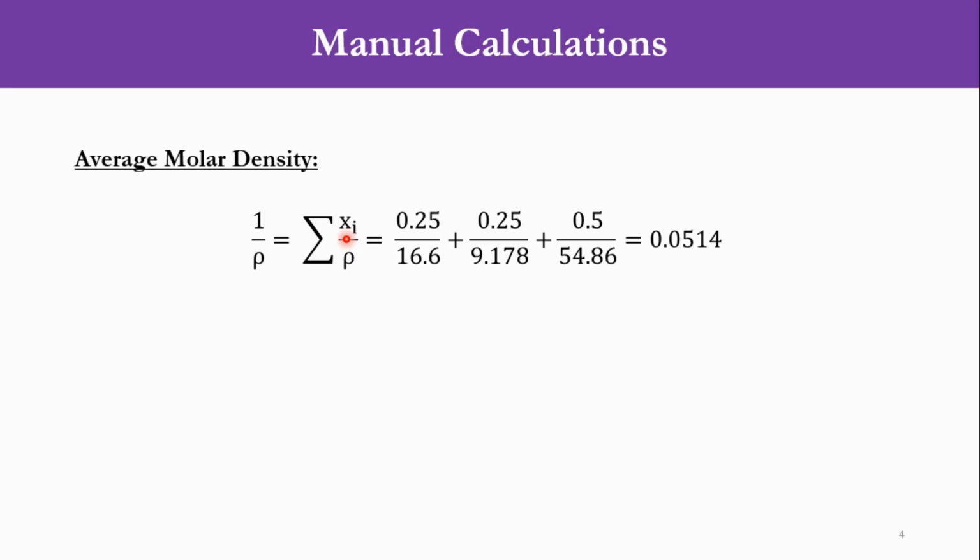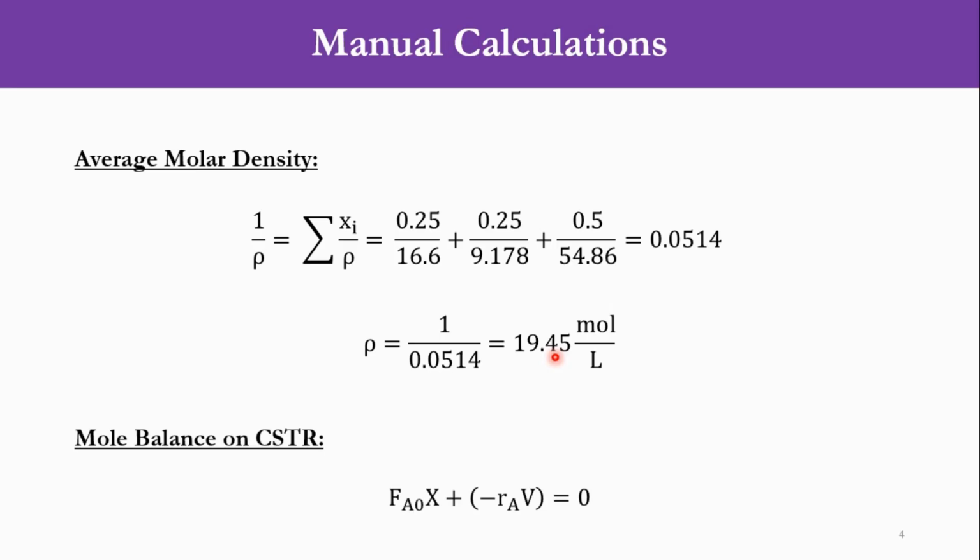The flow rate of ethanol and diethylamine is 50, and that of water is 100. So accordingly, the mole fraction for ethanol and diethylamine will be 0.25, while that of water will be 0.5. Correspondingly divided by their densities, we get 1 over rho as 0.0514, or reversing it to get the value of density, the average molar density comes out to be 19.45 mole per liter.